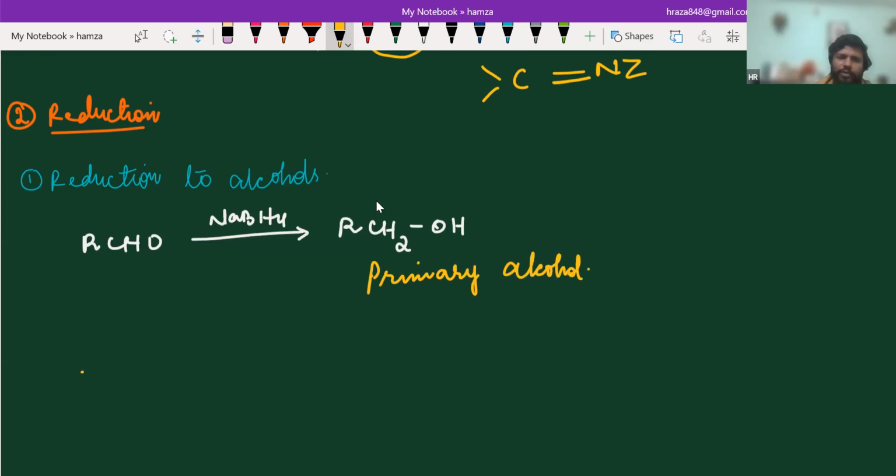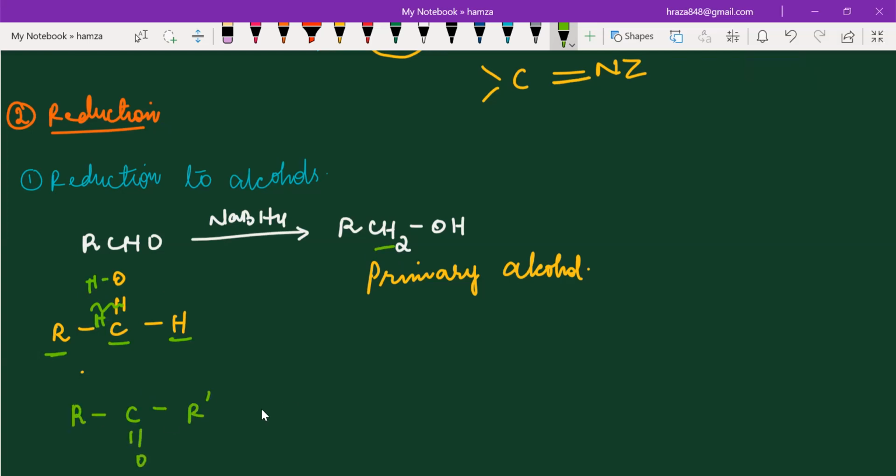See how the reaction took place. You know RC double bond O, that we have already studied in alcohols, phenols, and ethers. One of the bonds will be broken, hydrogen will be added here, and hydrogen will be added here. Now you can see RCH was already there, and after the reaction this hydrogen comes, so RCH2, and then it becomes OH. Is that clear?